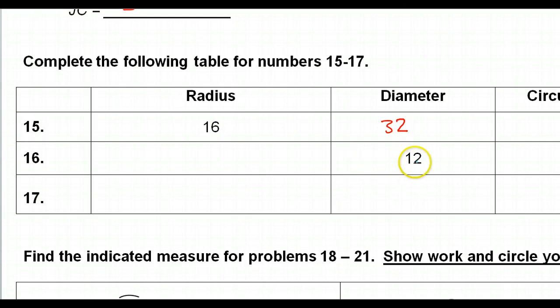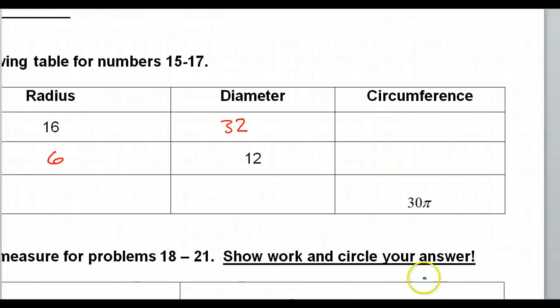If the diameter is 12, the radius must have been 6. I just cut that in half. Now, coming over to the circumference, one formula for circumference is pi times diameter. So if the diameter is 32, the circumference will just be 32 pi.